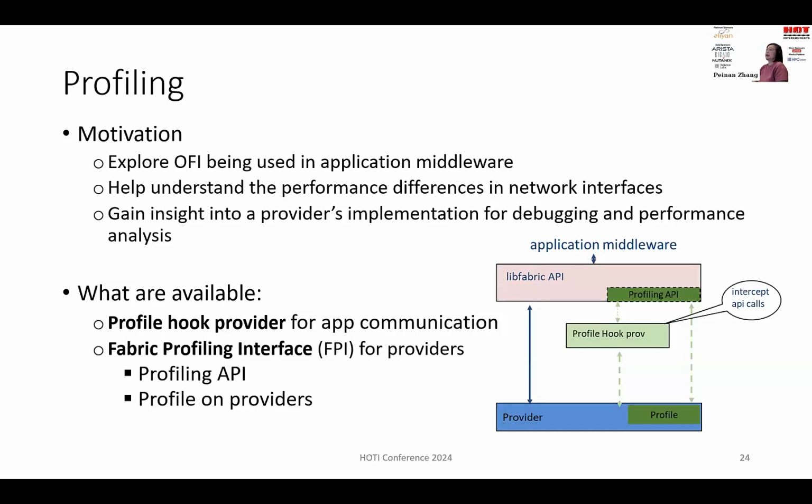The second part is the profiling interface. It is for profiling providers, including the profiling API and the profile support in providers. The diagram here on the right-hand side shows where these components sit in the Libfabric.